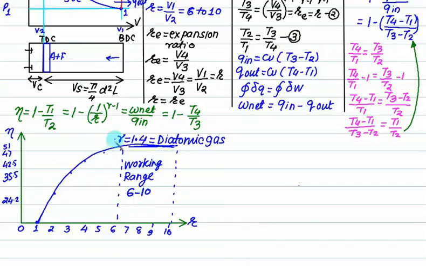Response is very good up to 6, then knocking tendency. Instead of diatomic gas, if we use monatomic gas, the curve will deviate from this. And for actual, that is for polytropic, we have gamma equals 1.33.